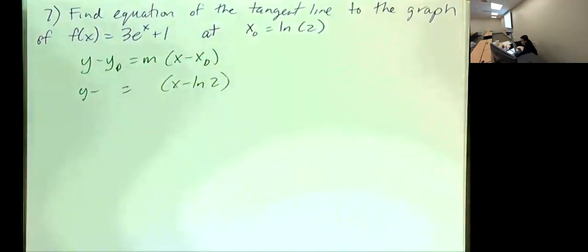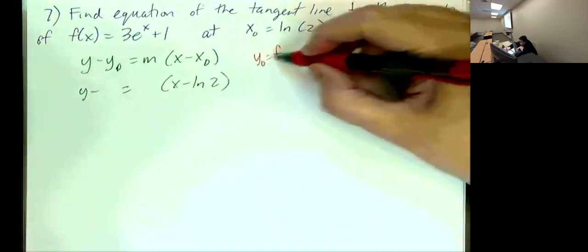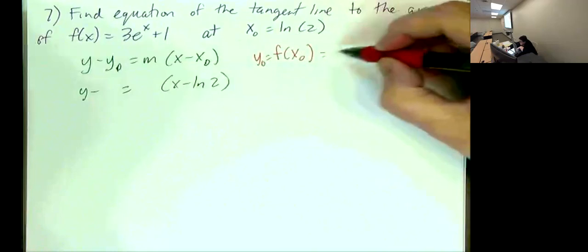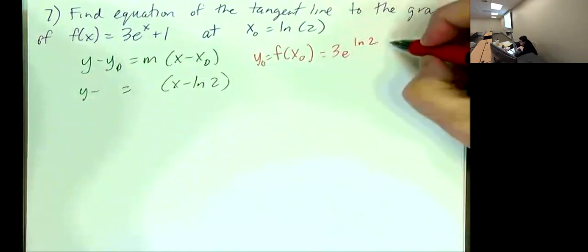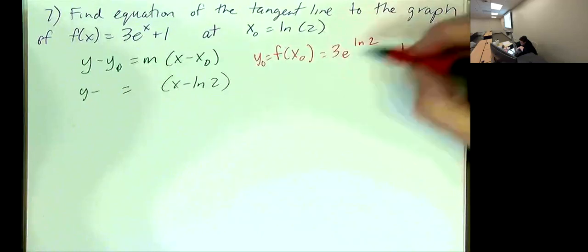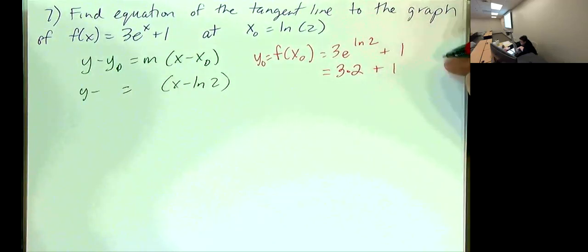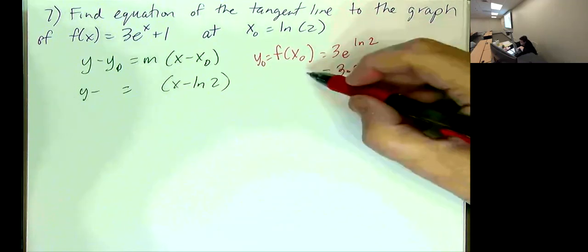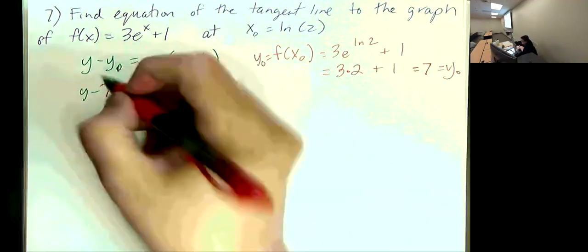To get y naught, just evaluate at x naught. E and ln cancel out. That ends up being 3 times 2 plus 1. They're inverse functions. So this ends up being 7. So 7 equals y naught. I'll drop that in right there.